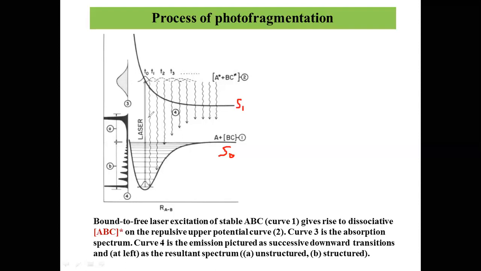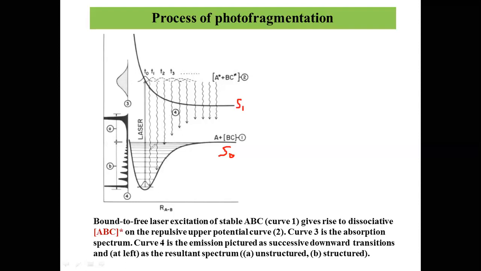When the wave packet comes back to this ground state, whatever the overlap integral you get, at time t equals to near about 0, you are going to get a spectrum. So this is going to be related to v equals to 0. Now the wave packet is moving, the wave function is moving on this.